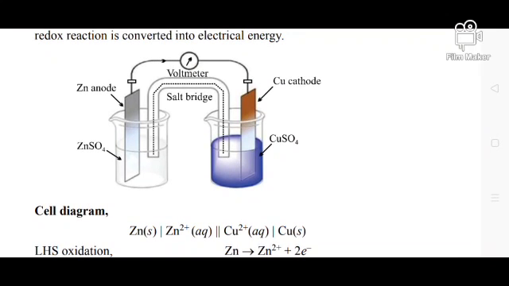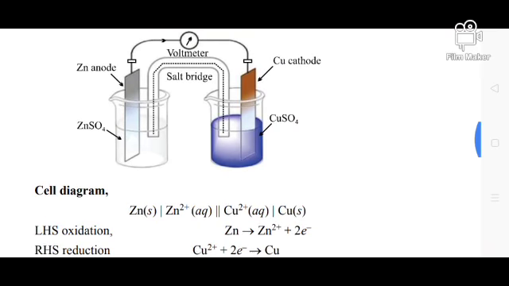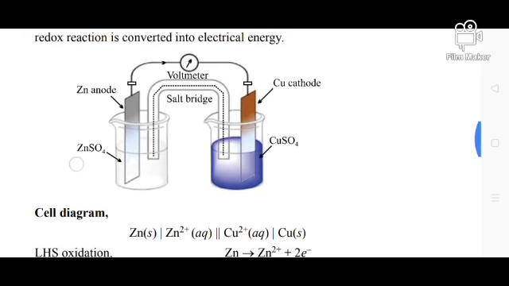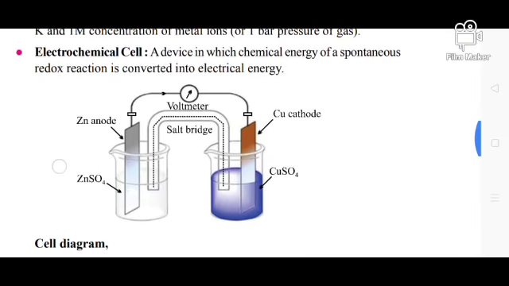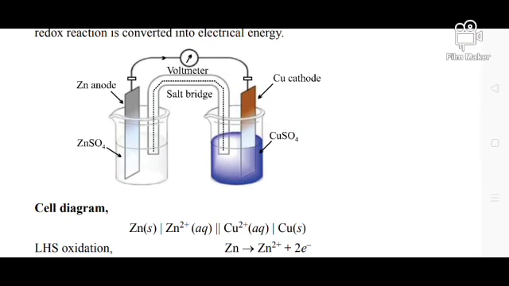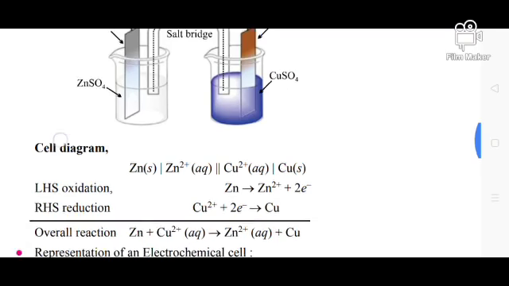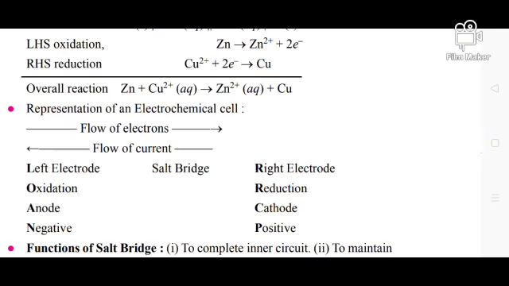The zinc anode is dipped in the zinc sulfate solution, and the copper cathode is dipped in the copper sulfate solution. Both redox reactions occur and a voltmeter is connected, and we see that the voltmeter is deflected due to the voltage difference. From this experiment we conclude that this is an electrochemical cell, where electricity is produced. So this is the general idea about that.